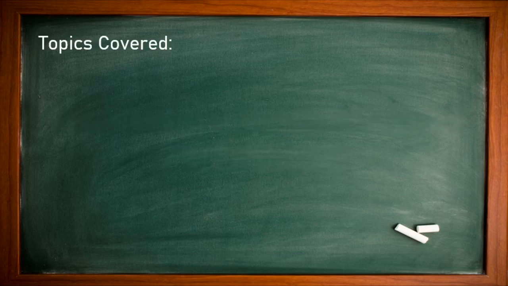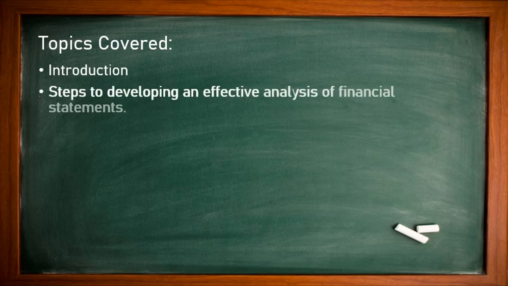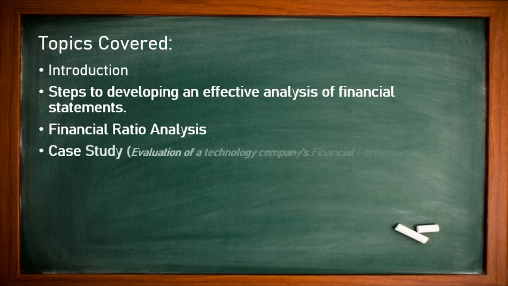The topics we are going to cover under this chapter are the introduction, steps to developing an effective analysis of financial statements, and financial ratios. We'll develop a case study, a technology based case study, and evaluate the financial performance of that company.